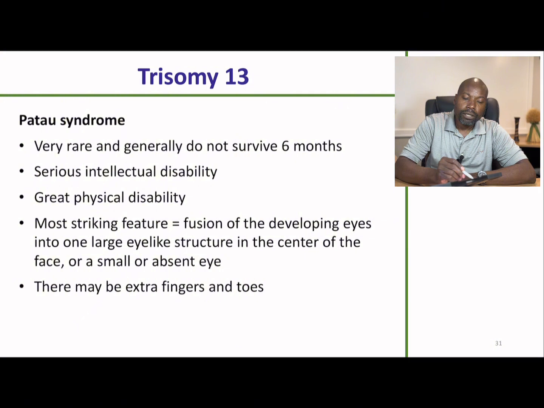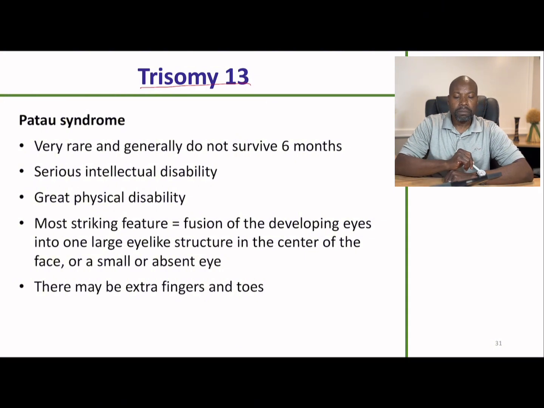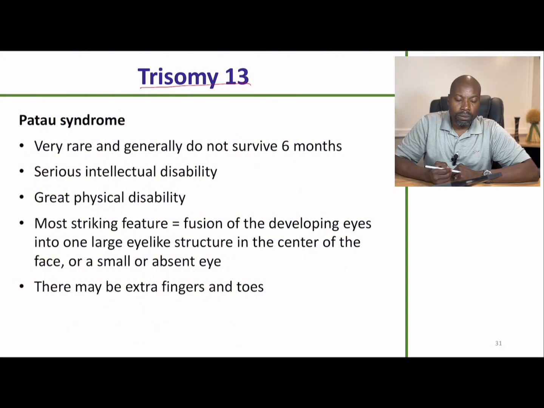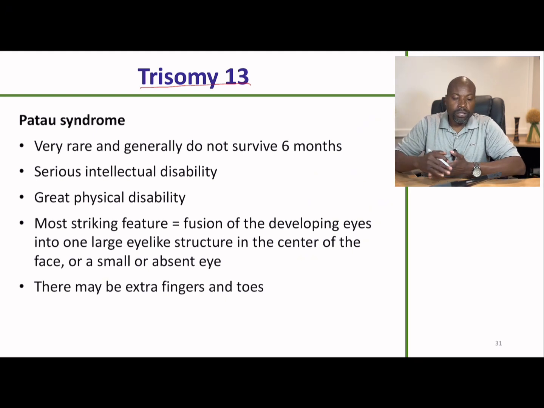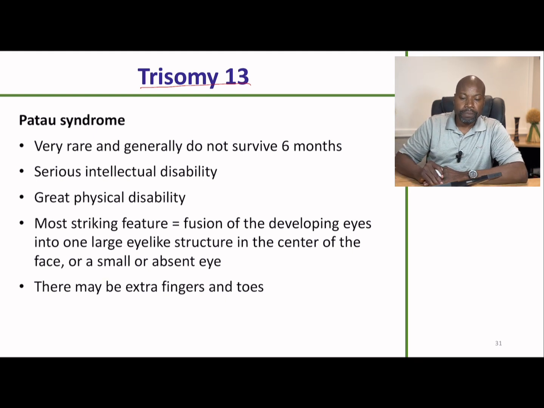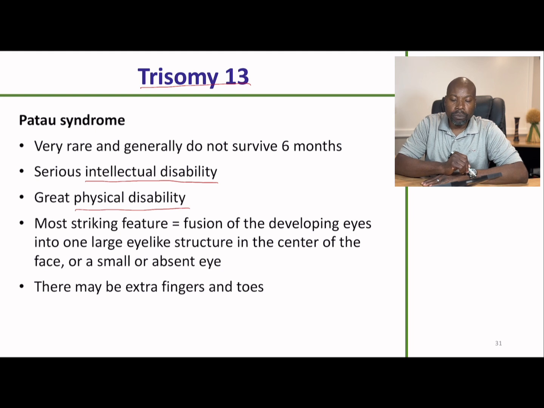All right, in trisomy 13, when the individual is able to develop till birth, they are going to have serious intellectual disability. Physical disabilities are also going to be there, right?